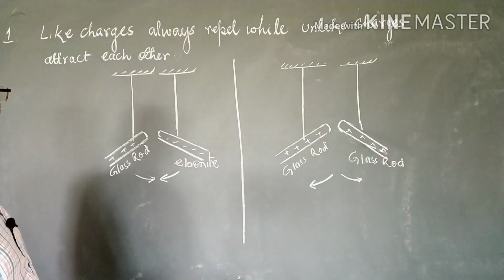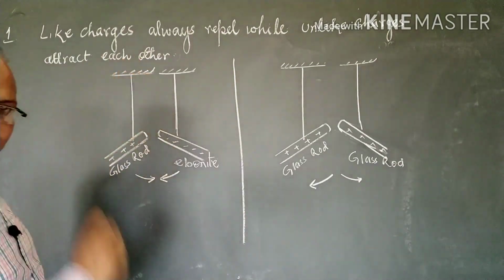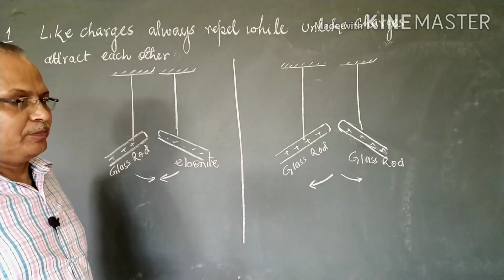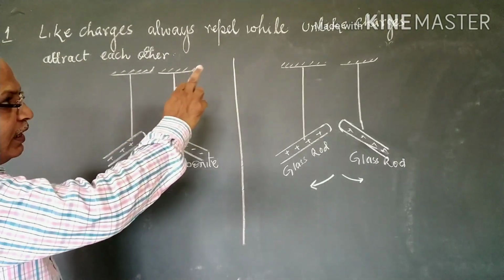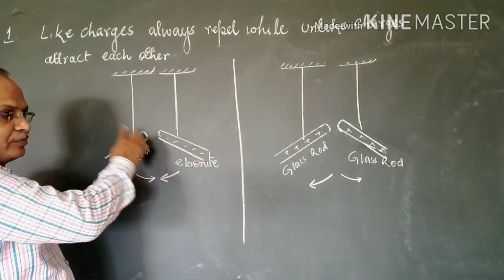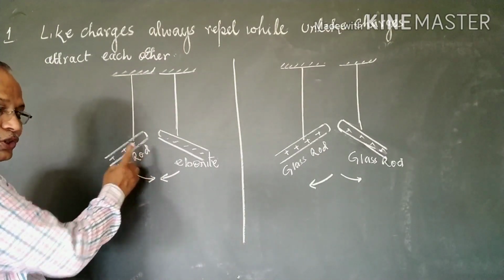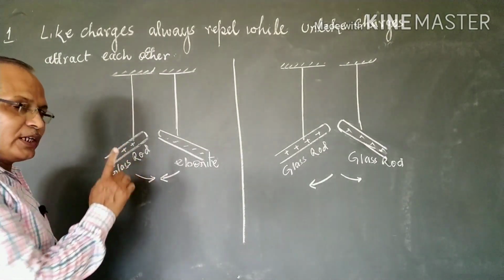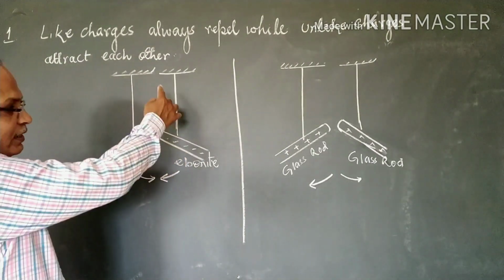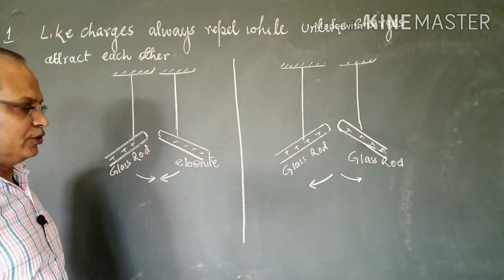The first property of charge is that like charges always repel each other. Two like charges always repel each other, while unlike charges attract each other. Here in the first diagram, this is the charged glass rod, and the charged glass rod will always have a positive charge, while the second is the charged ebonite rod.